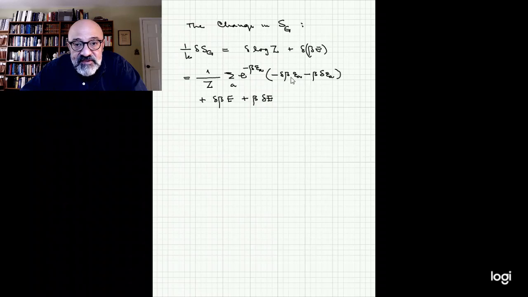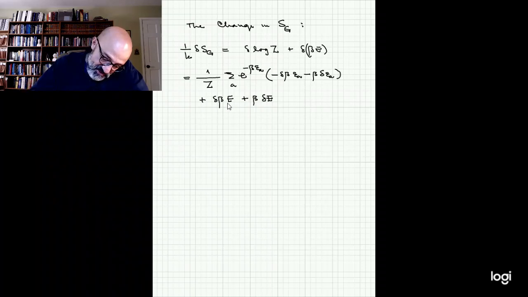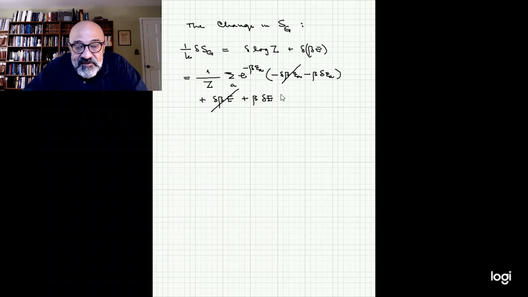So here we have the probability of E_A summed over, so this is the expected value, which is what we have there. So this piece here cancels that one.